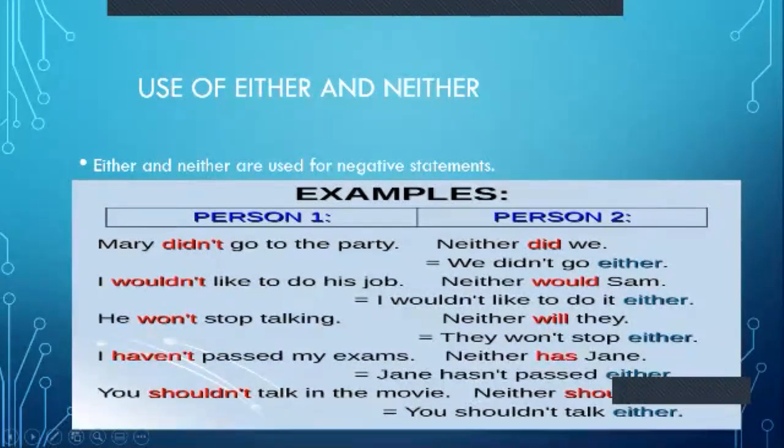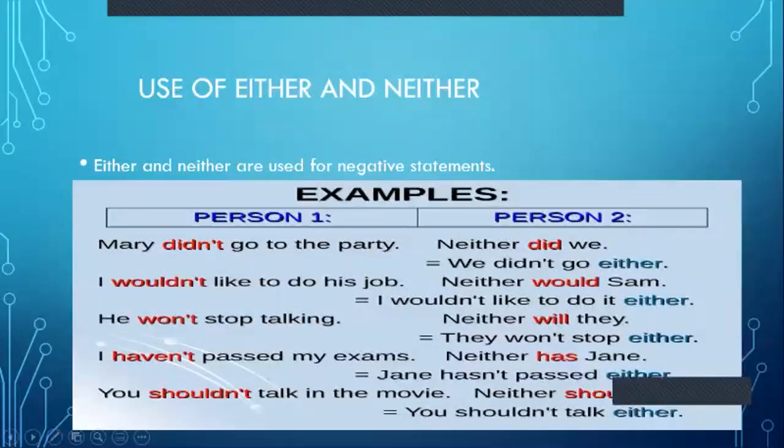Mary didn't go to the party. So we are considering that person two is "we." So we'd say, we didn't go either. So "either" goes in the last. But when we make a sentence with the word "neither," we would say, neither did we, because we use the word "we," that is a subject, that goes in the end, and "did," as you know, shows that the sentence is in the past tense.